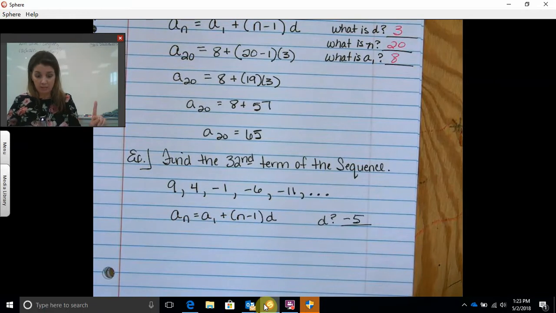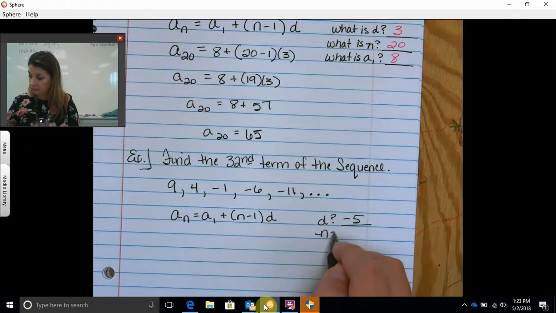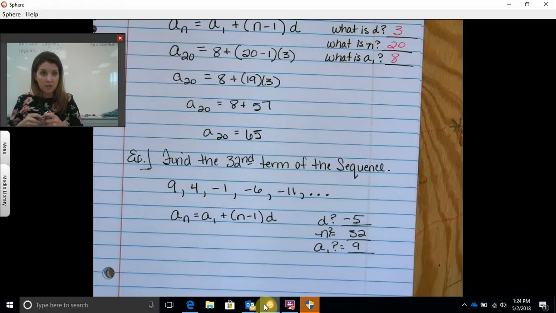What is n? 32. So the term number they asked me for, right? And what is a sub 1? 9. First term of the sequence. Y'all work on that while I go get this taken care of, and we'll see if we get the same thing.